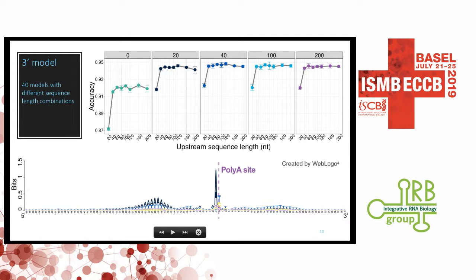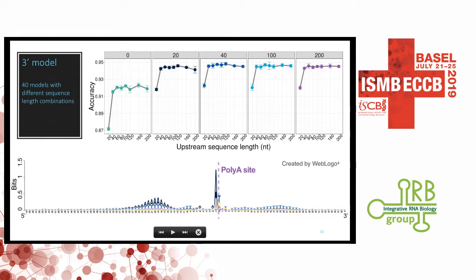Here on the upper panel, each facet represents one downstream sequence length, and the x-axis in each facet represents the upstream sequence. The very first data point represents the model built with only 20 nucleotide upstream sequence and no downstream sequence. It's still able to give a pretty good prediction with accuracy over 87%.